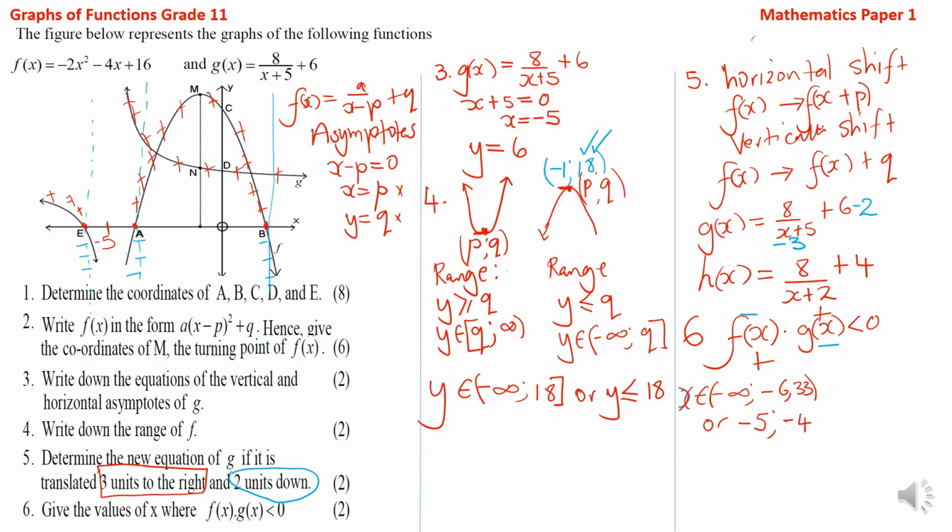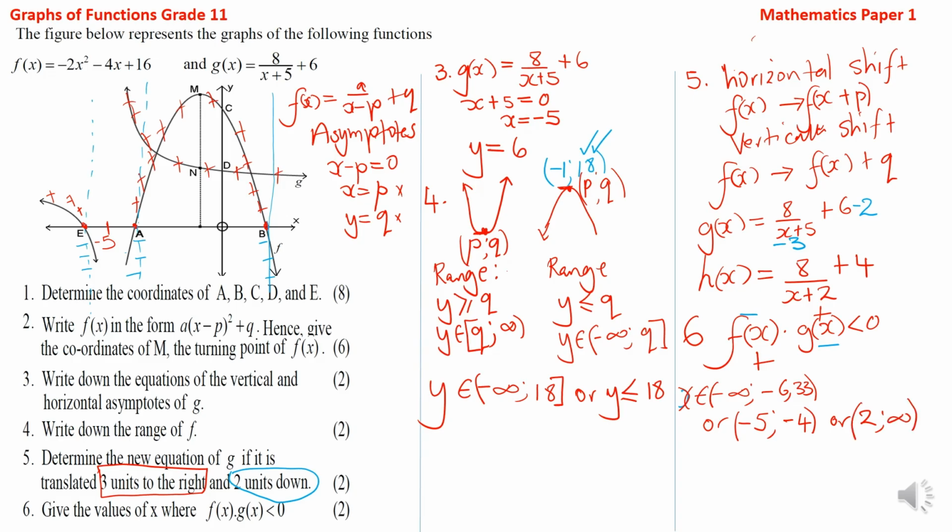It's minus 4. Between minus 5 and minus 4, the graphs have different signs. And also from point B going to the right hand side, the coordinates of point B have been calculated. B is 2, so from 2 to infinity, the graphs have different signs.